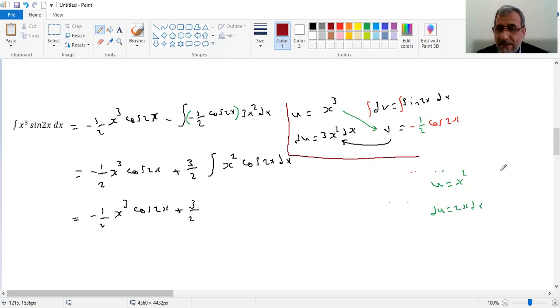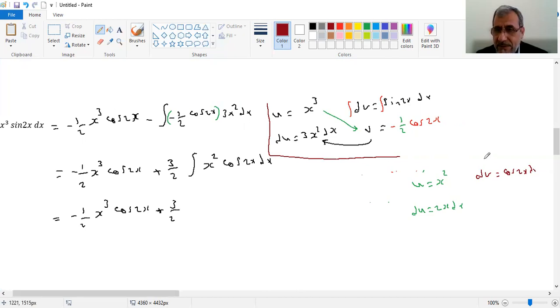And dv equals cosine 2x dx. So the integral of dv, v, equals the integral of cosine 2x, but the derivative of 2x is 2, so this will be half sine 2x.